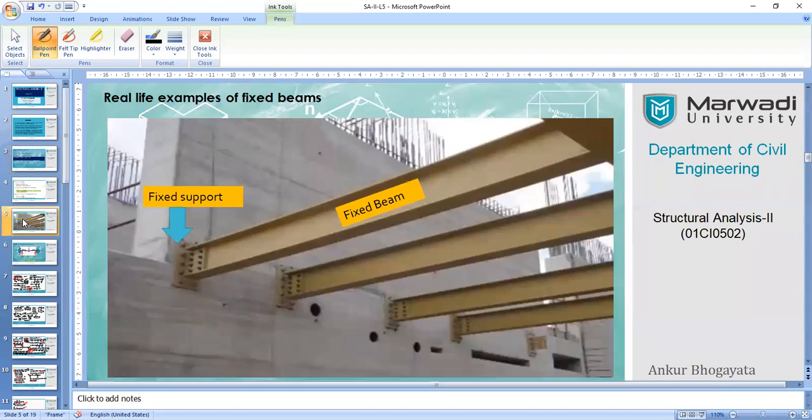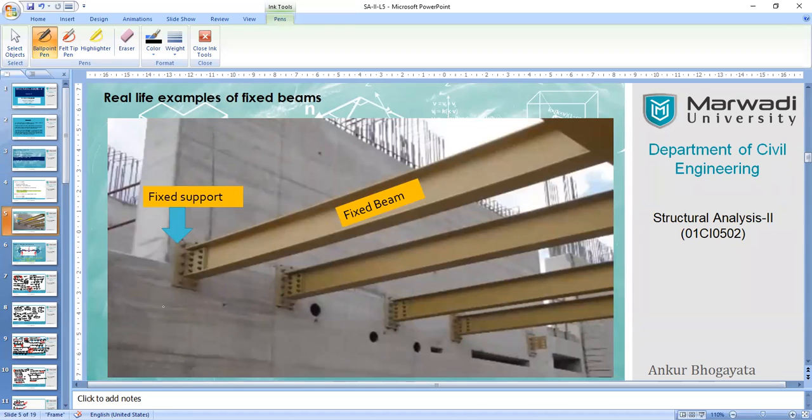So, in the case of, let's say, a fixed beam here, you can see that wherever there is a force applied on these beams, it will get transferred to these junctions in terms of reactions and moments on this wall completely, right? But in the case of propped cantilevers, moments are not transferred at both ends.